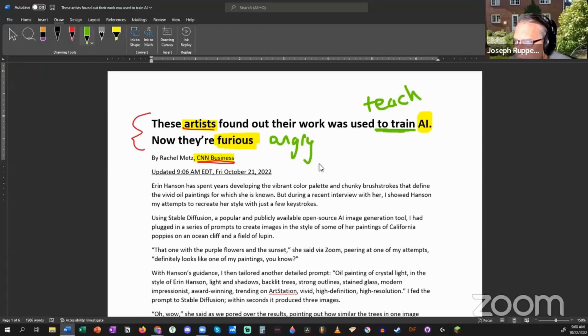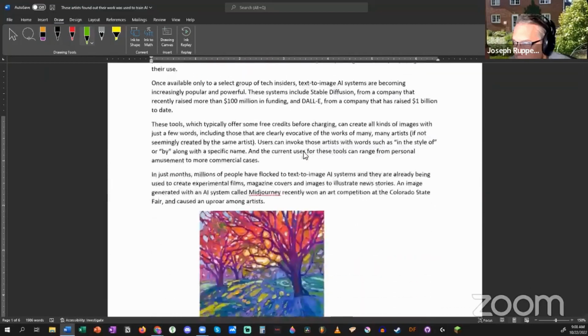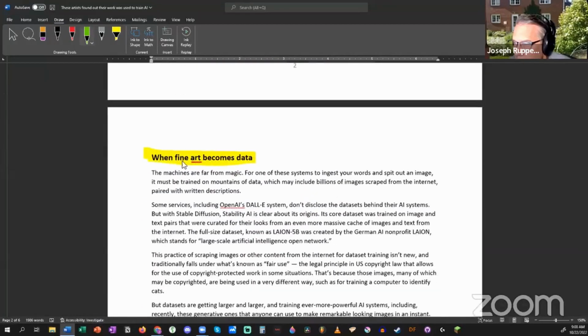When we looked at the headings, because it's about business here, it probably has something to do with money. I saw the first heading, when fine art becomes data, we have data being sold, data being used by big tech, which is an interesting topic.